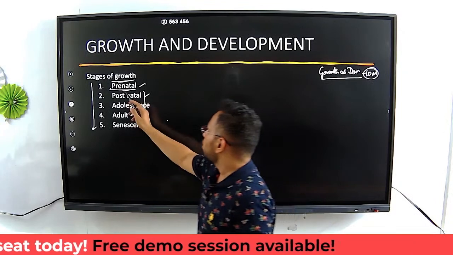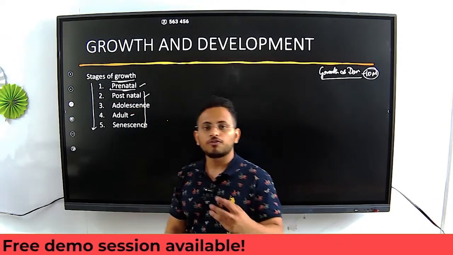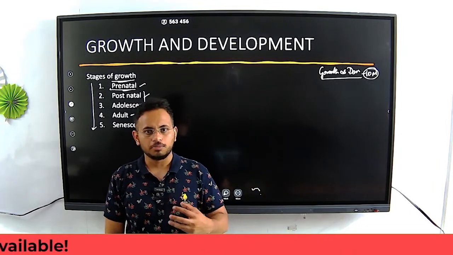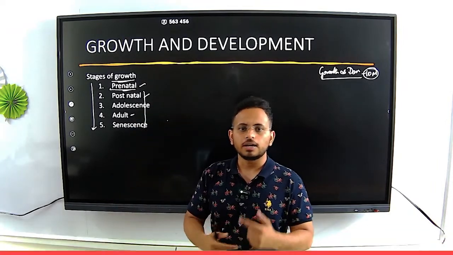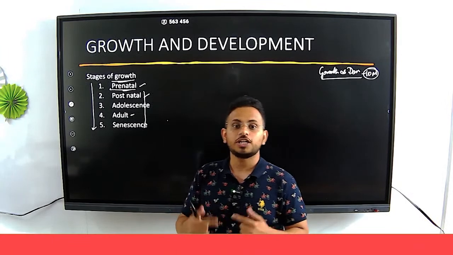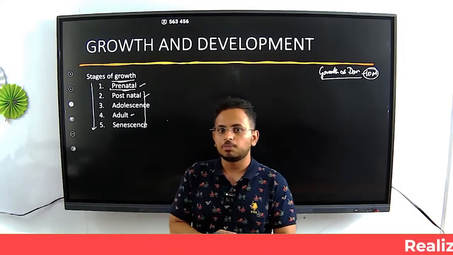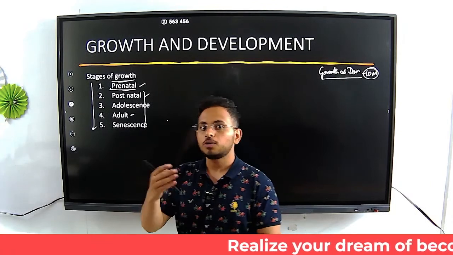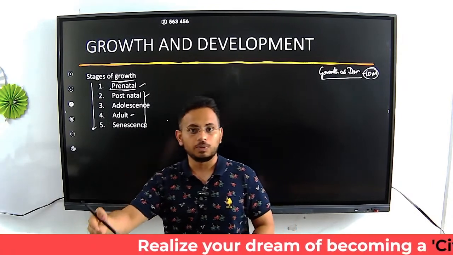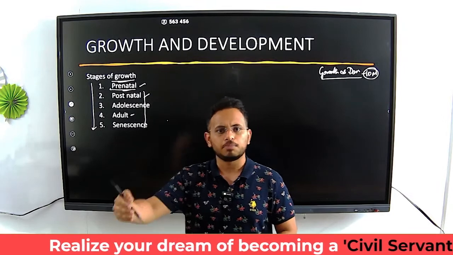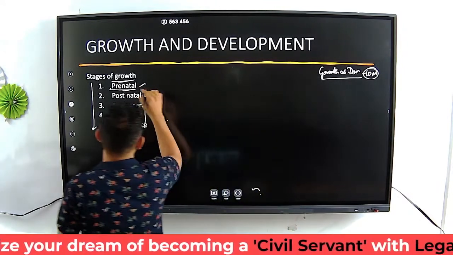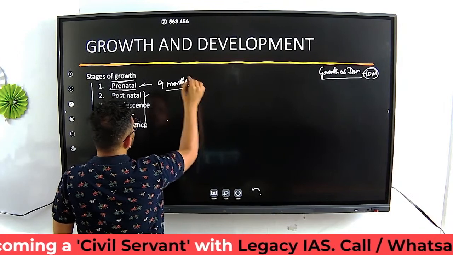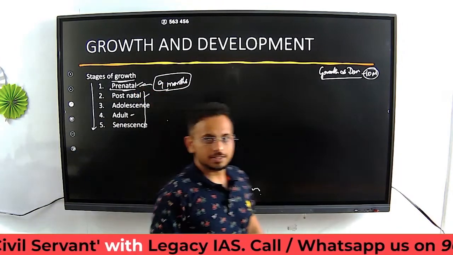Clear? So what is prenatal? From the time the egg gets fertilized by the sperm, all the biological changes that happen from the first month, from the 4th week till the 12th week, from the 12th week to the 36th week, so this development till the 9 months, is classified under the prenatal stage.